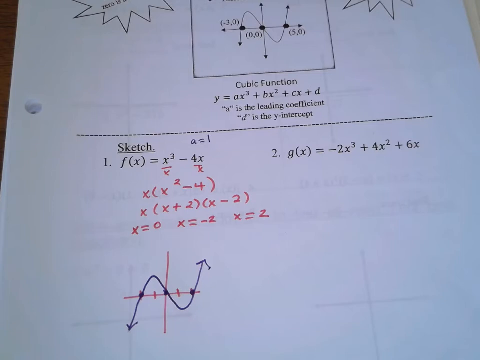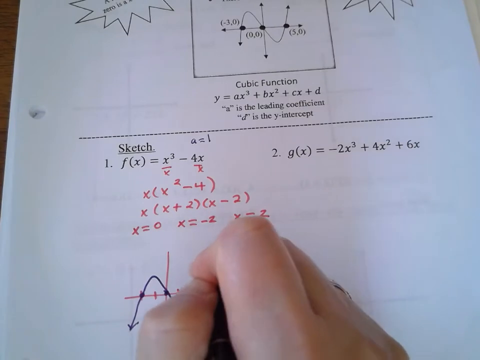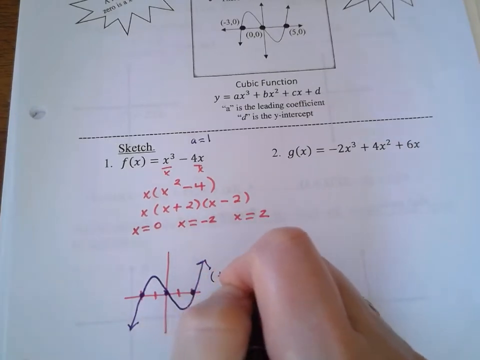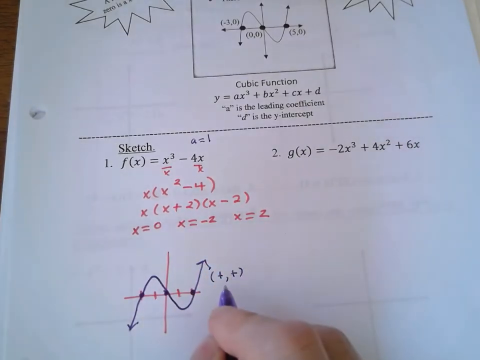Now we can also talk about the end behavior, just to make sure you understand the whole end behavior idea. If you're in the first quadrant, which is where this is going to end, everything is positive. X is positive, Y is positive.